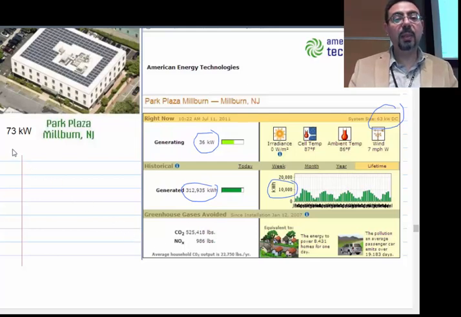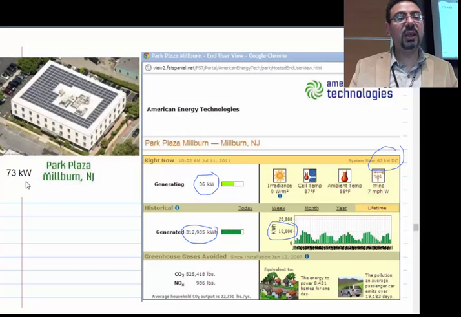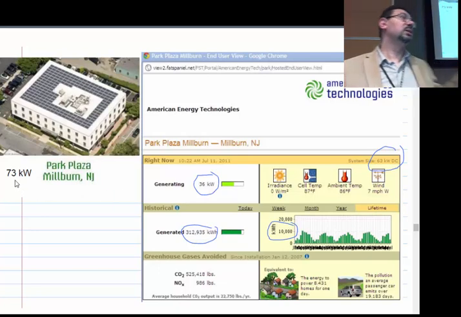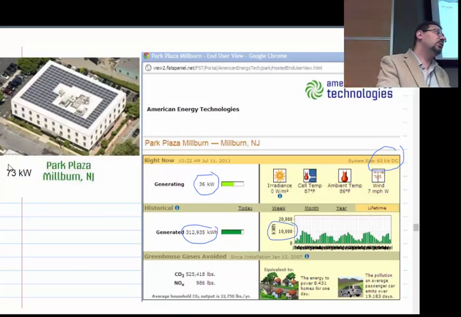Okay. So the installed capacity is 73 kilowatts on the roof, but right now at 10 a.m. on July 11, it was generating 36 kilowatts. How come? Because they are not receiving the 1000 watts per meter squared with air mass 1.5. And why are they not?